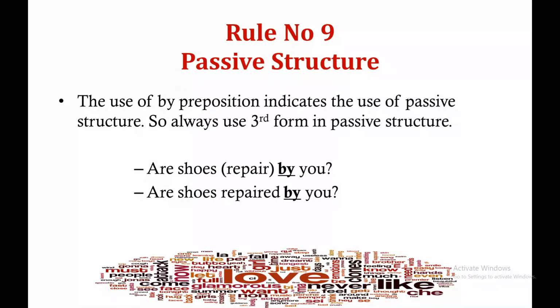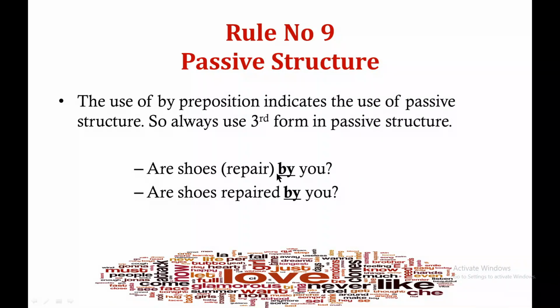If you can move forward to the last rule, my dear student, look out for the passive structure. This always can irritate you. For example, we have learned with is, am, are we have to use ing form, but there can be a passive structure as well.